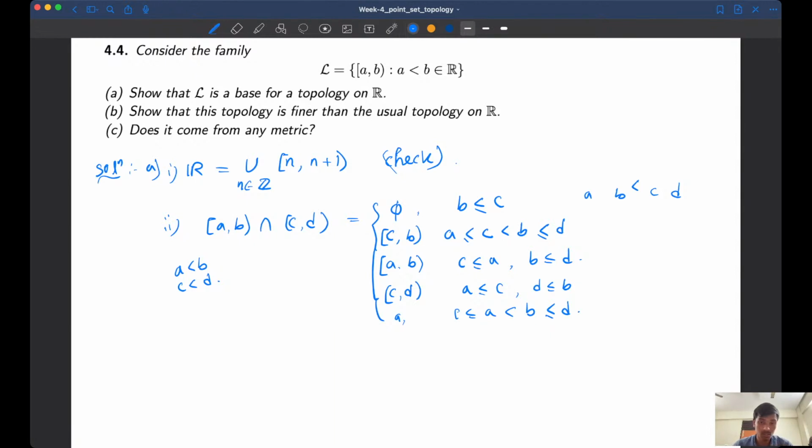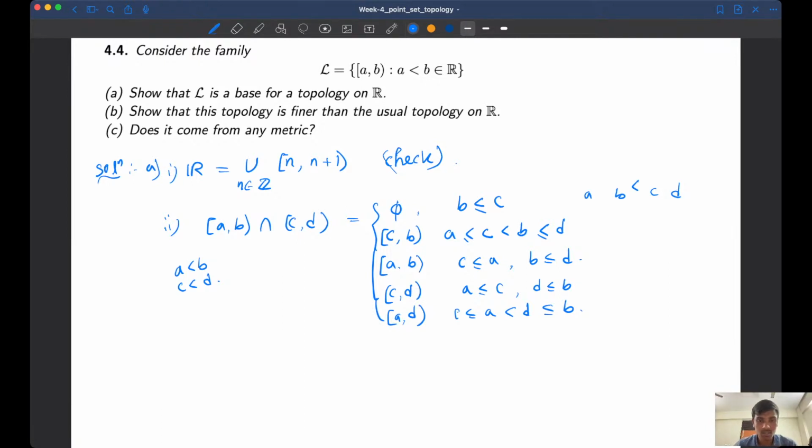Okay, but this is already, yeah, this is not the case, so I can have D in between. A less than D and this is less equal to B, so then it is AD. Okay, so these are all possible cases for any A, B, C, D.